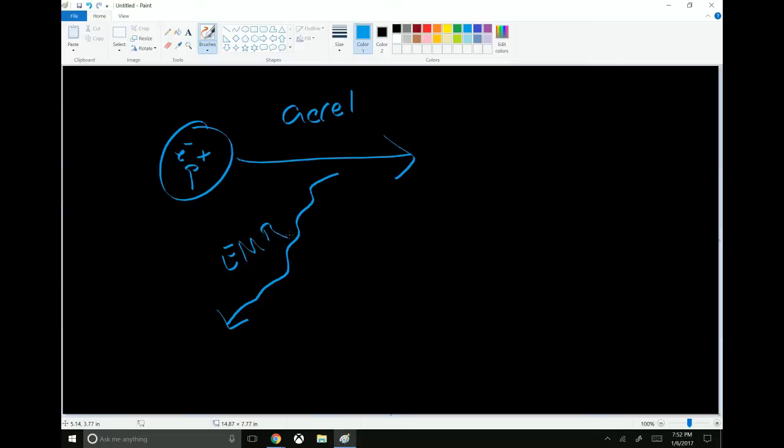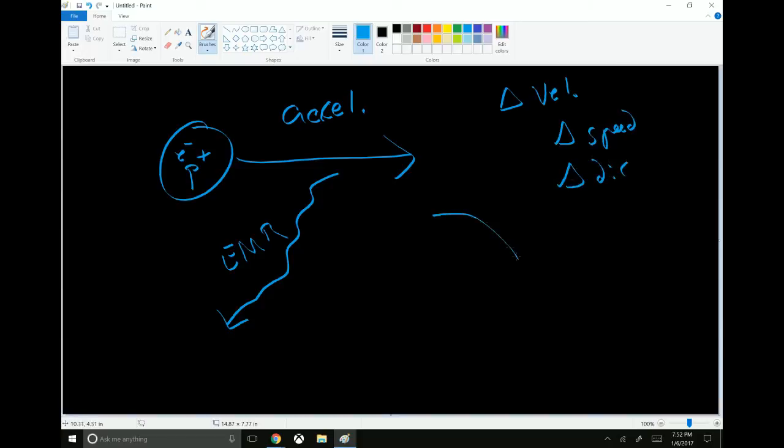Okay. And you may recall from your physics classes, if you've taken any, that acceleration means a change in velocity, which means a change in speed or a change in direction.